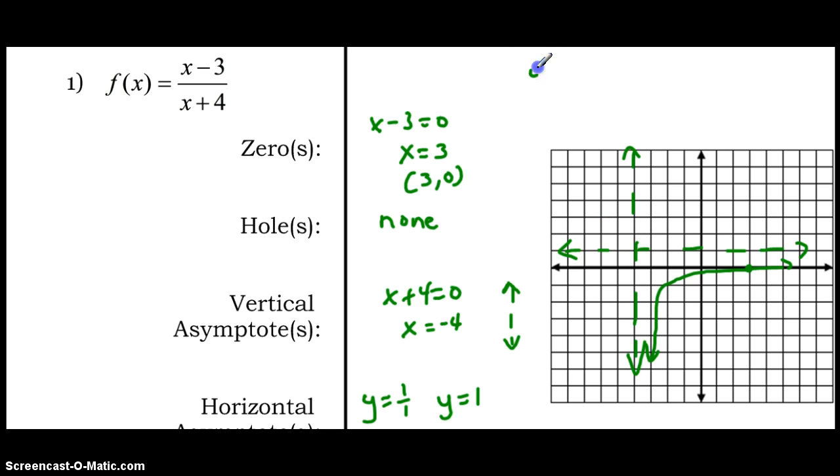If we plugged in -5 for x, we would get -8 over -1. So that would be a y value of +8.